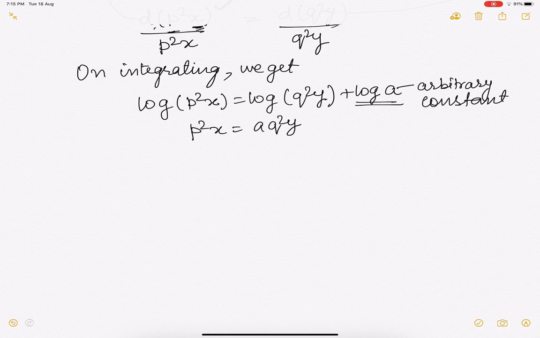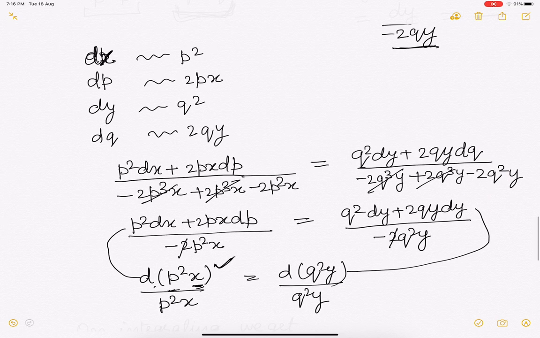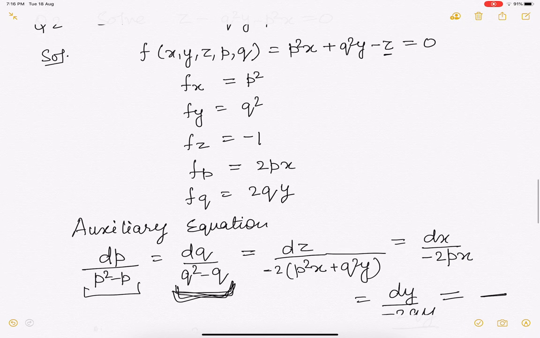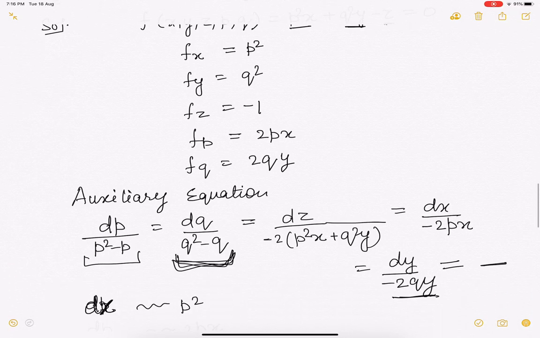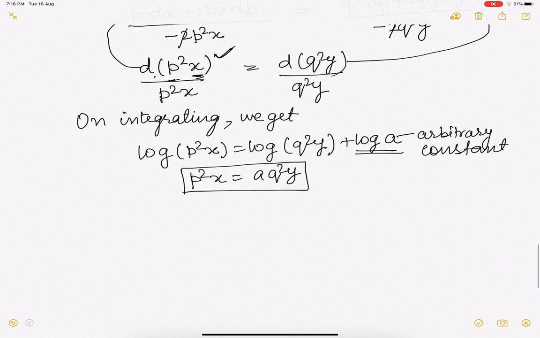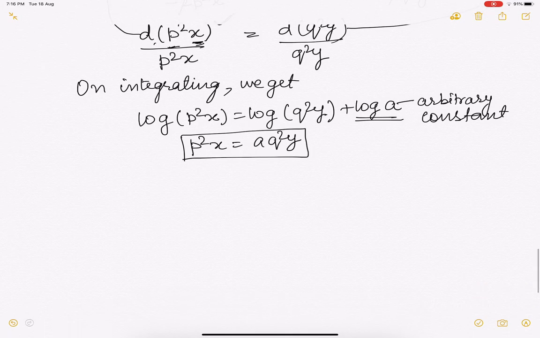Let us put this value in our original equation. So what is the equation? Equation is p square x plus q square y minus z is equal to 0, and we got the value of p square x. What is the p square x? Value of p square x is a q square y. Let us put the value here.